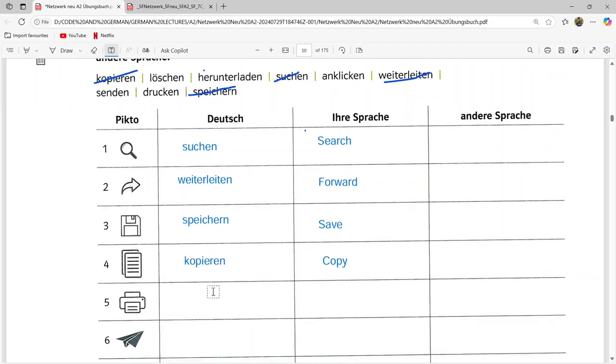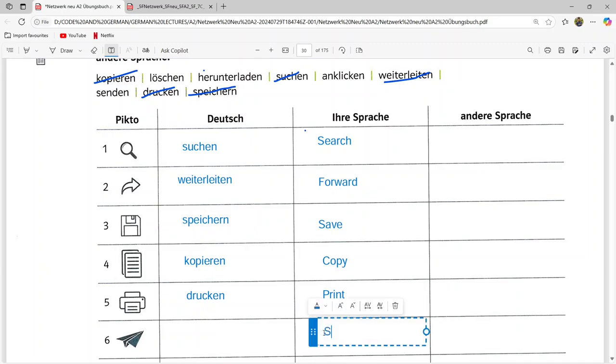Okay. Next one, to print. In English we say print. This symbol means to print, and in German this symbol is drucken. So we can write here drucken. Next one is to send.